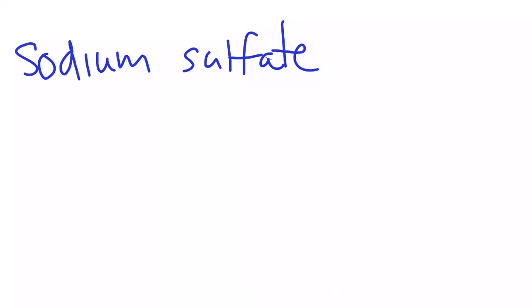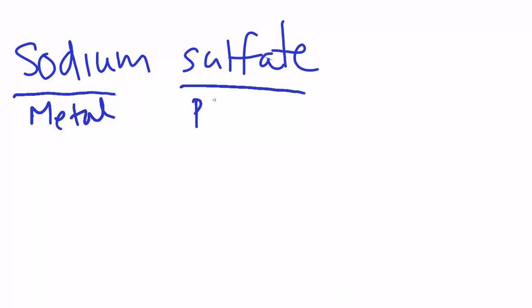This next one is sodium sulfate. So if we have sodium and then sulfate, sodium is a metal. Sulfate is a polyatomic ion that is composed of nonmetals.